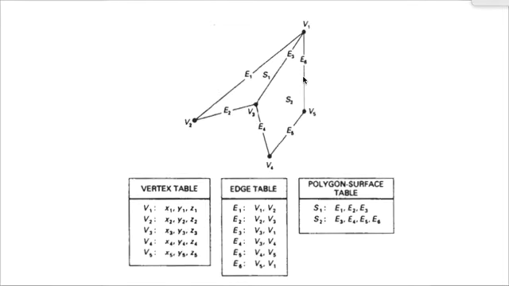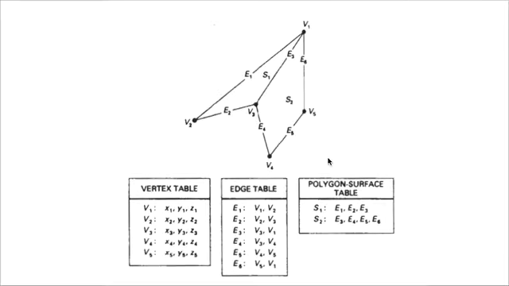It basically gives the information about which vertices are there in the edge E1. So E1 contains V1, V2. E2 contains V2, V3. So it is basically the representation of the edges and their corresponding vertices.